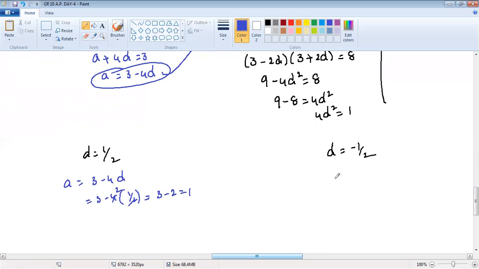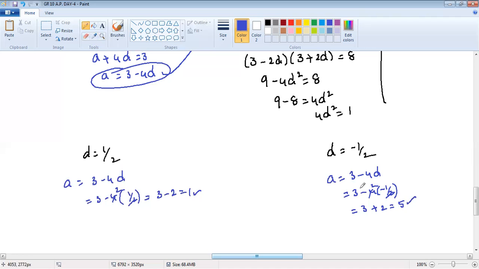Now with D as minus 1 by 2, 3 minus 4 into minus 1 by 2, so 3 plus 2, which is 5. So this sequence is different and that sequence is different. Are you clear?